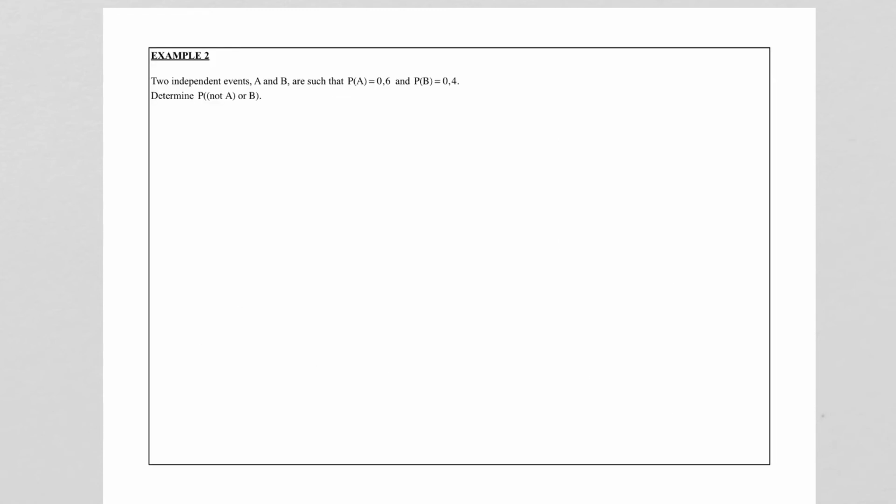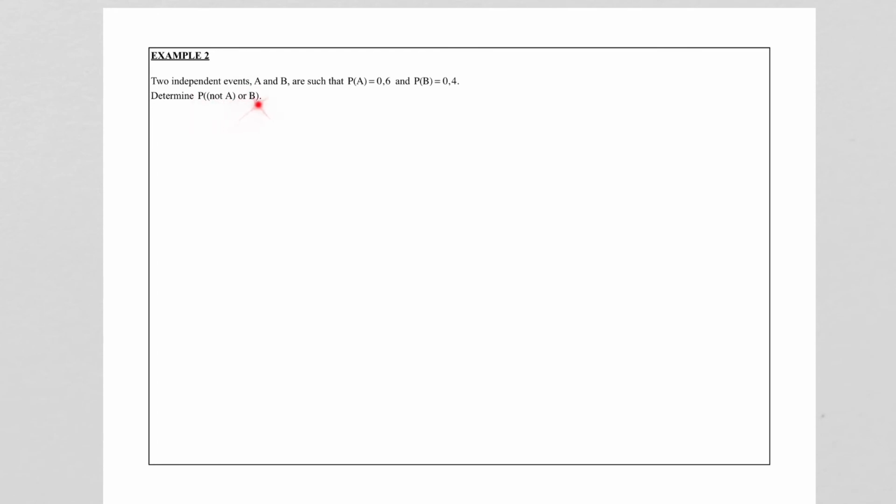This problem says two independent events A and B are such that the probability of A is 0.6 and the probability of B is 0.4. And they ask us to find the probability of not A or B. So probability of A was given to you, probability of B was given to you, and they ask us for this.